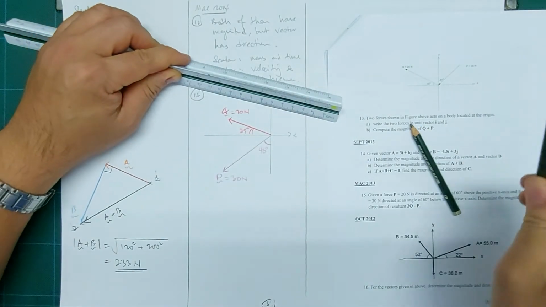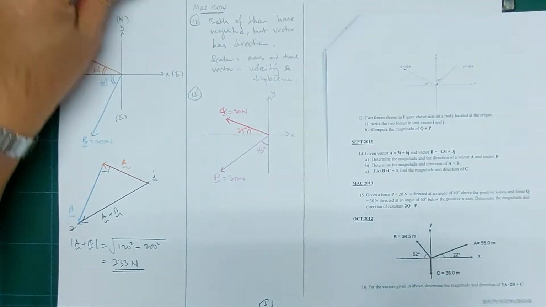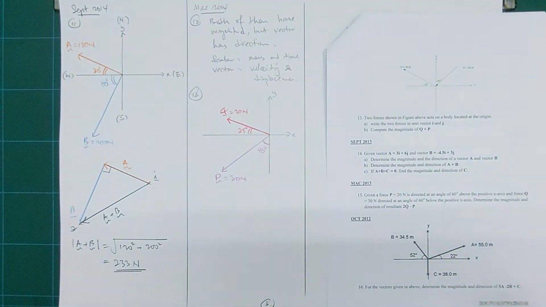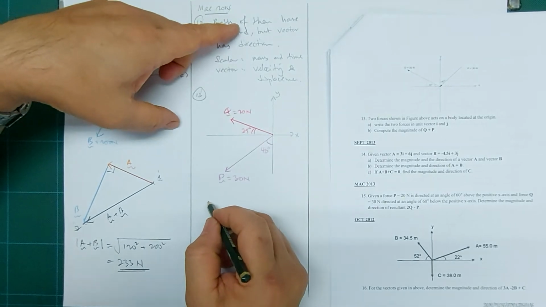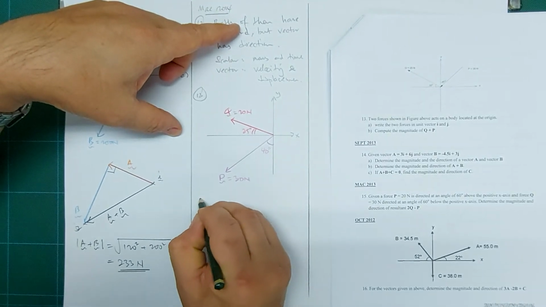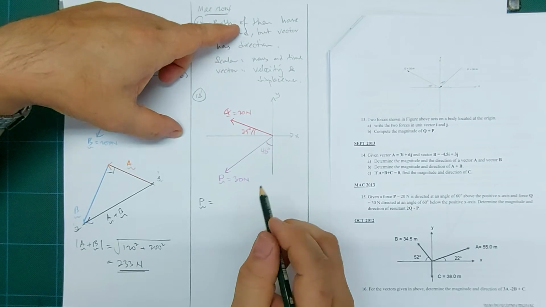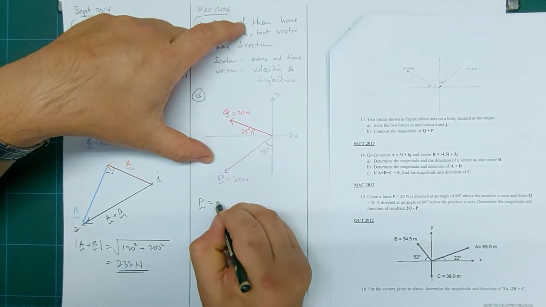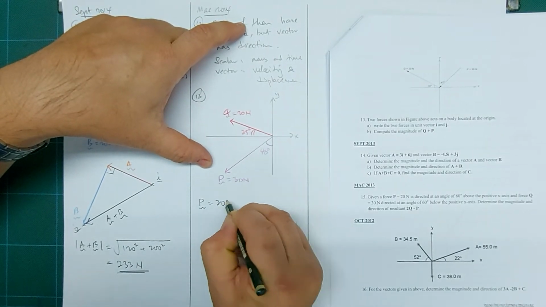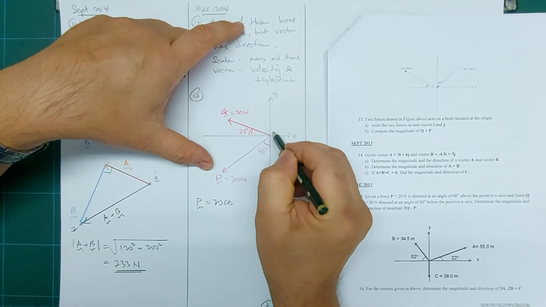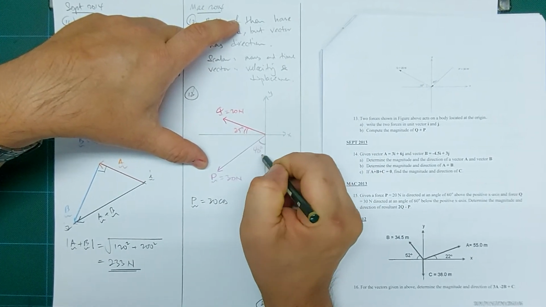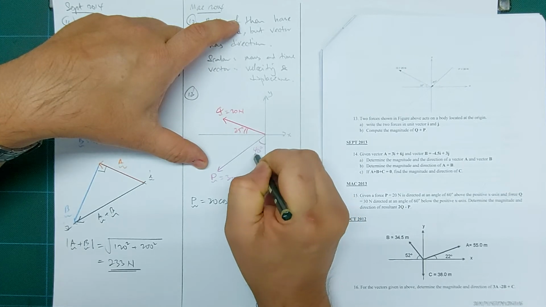Okay, so now we can find their i, j components. First one, P. Our P, we have 30. Our horizontal component is P, 30 cosine. Now, what's the angle here? This angle here is 270 minus 40.